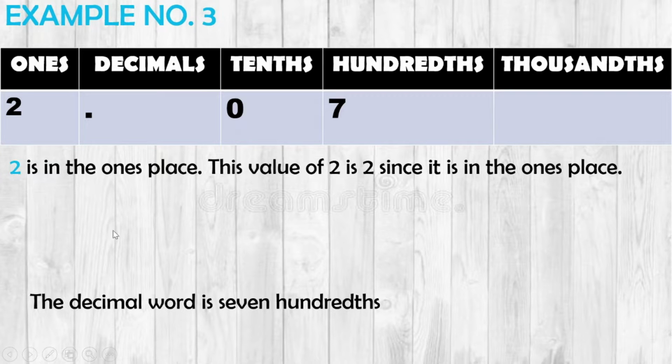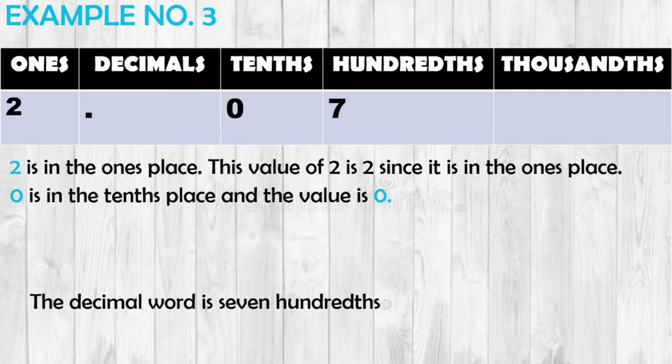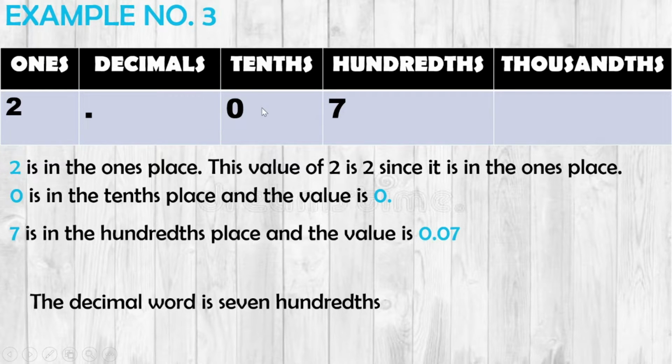Its value is 2 and its place is ones. 0 is in the tenths place and the value is 0. As you can see, what is in our tenths is 0. Its value is 0. It is not 0 tenths, but 0.